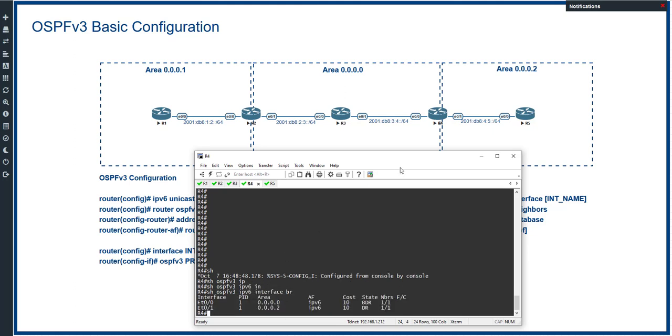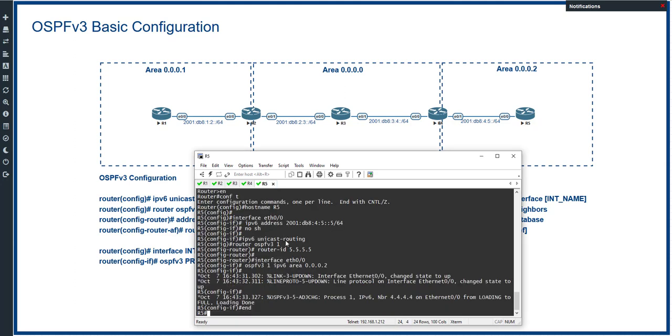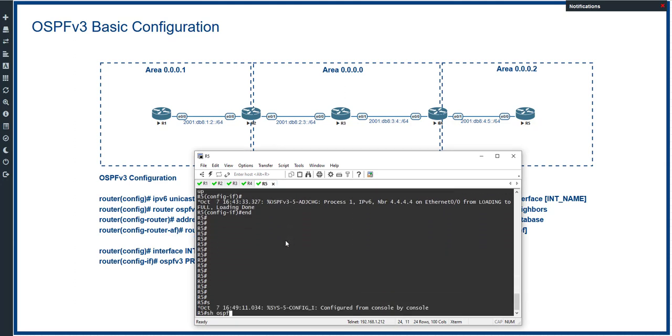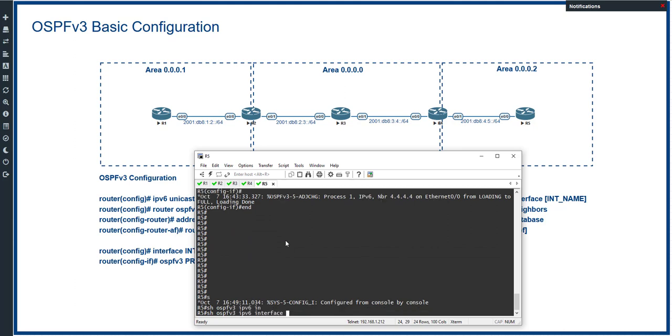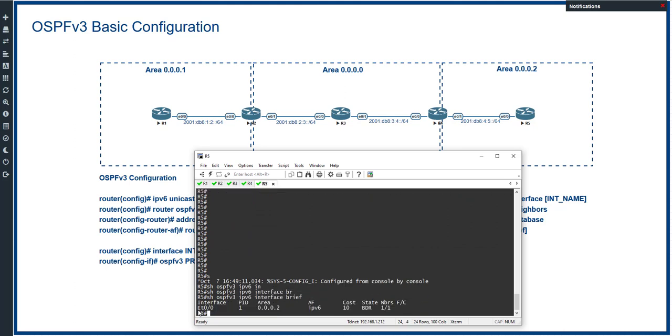As you can see, ETH00 is a member of area quad 0. ETH01 is a member of area 0.0.0.2, and both of them are working under process 1. That's it. After that, about the router 5, the last router, show OSPFv3 IPv6 interface brief. ETH00, process ID is 1, area is 2, address family IPv6, cost is 10.